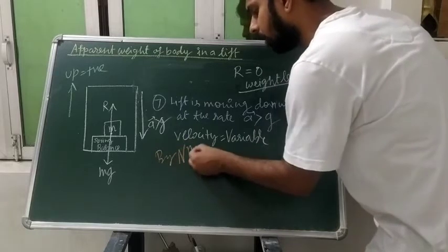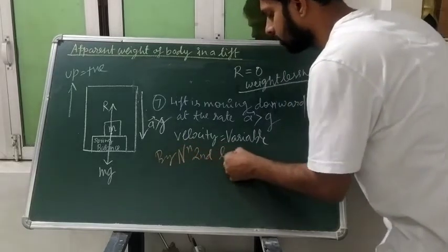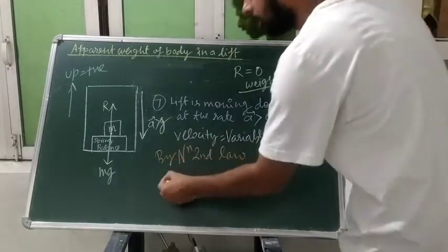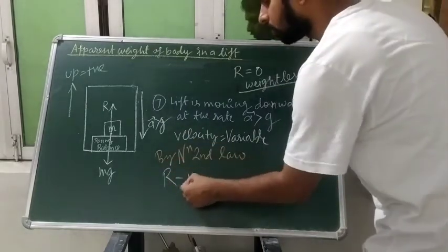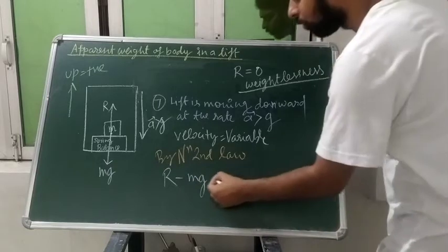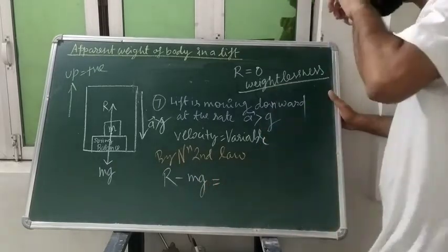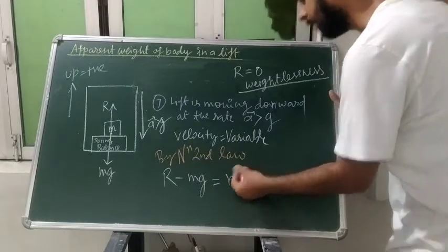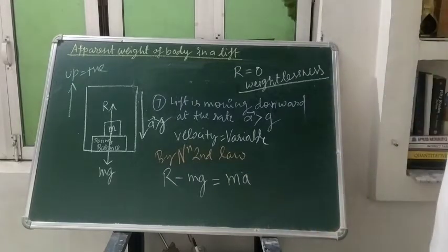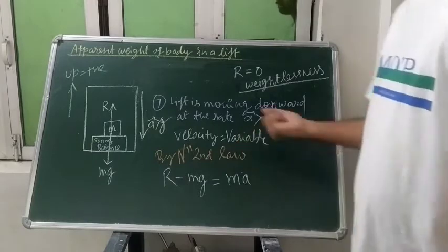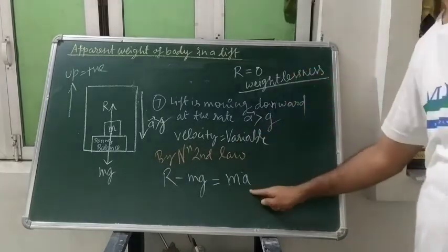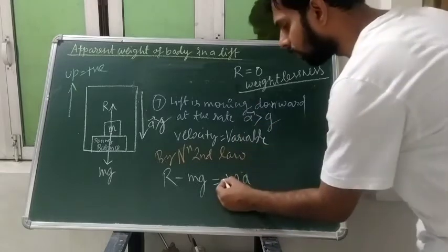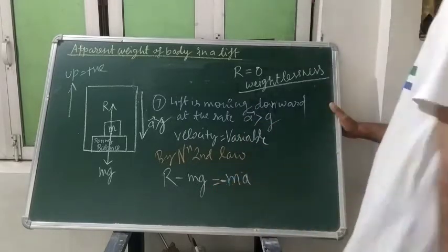So by Newton's second law, when you apply this, R is positive up, minus mg, and this is m times a. It will be equal to m times a. And a in this case is more than g. This is in the downward direction, so this minus sign will come.